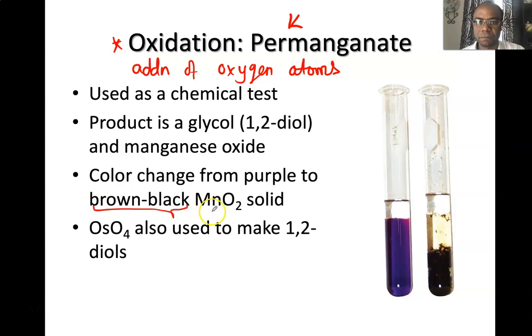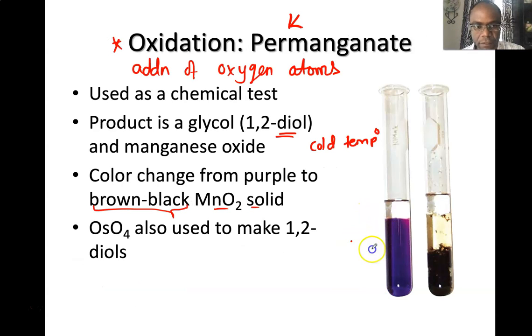Why? Because manganese oxide, the solid manganese oxide, will be formed as a byproduct, and as a result you're gonna add 2 OHs across the double bond. And I think this reaction must be done in cold temperatures, not hot temperatures, because if it's hot and in presence of a base, it cuts the double bond into 2 pieces. It overdoes the reaction.